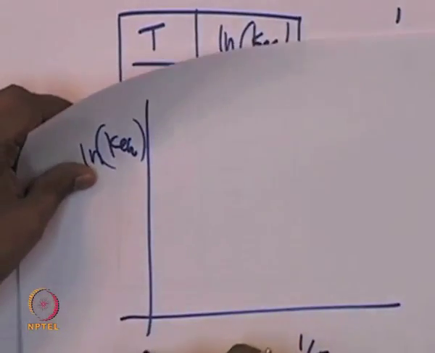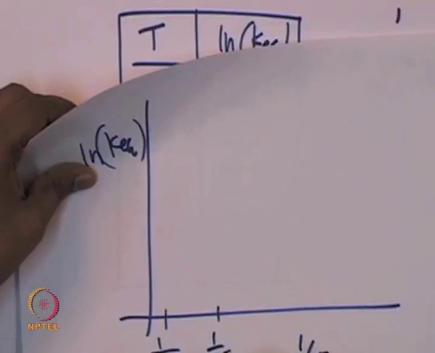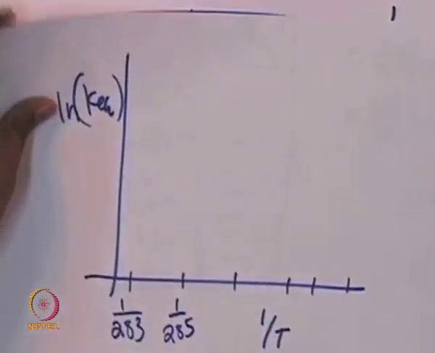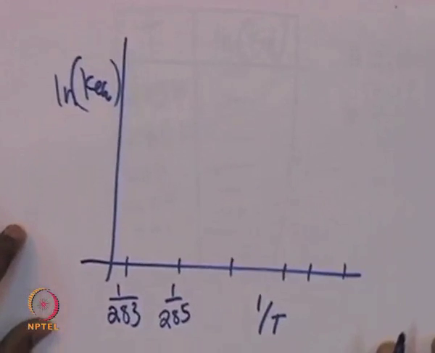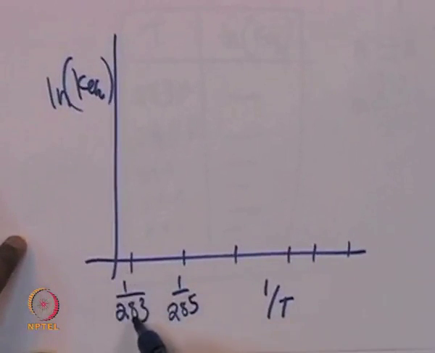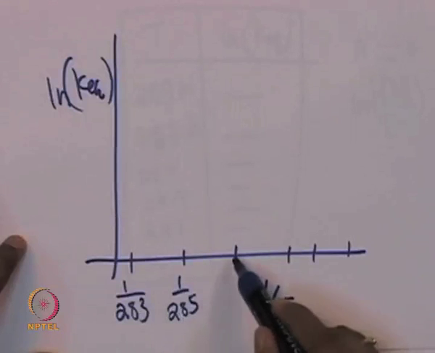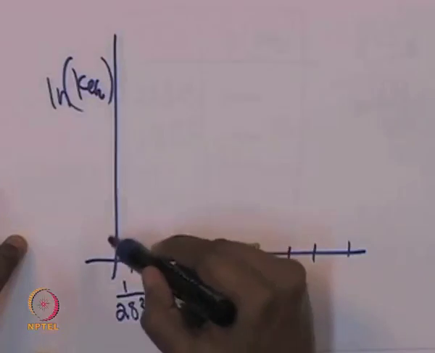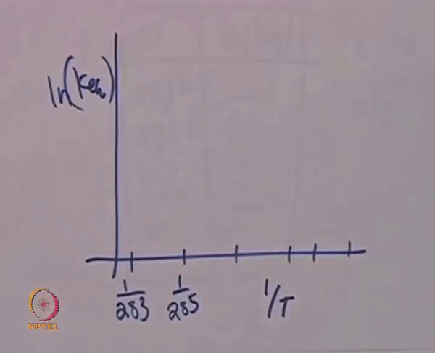So, here you will have 1 over 283, here 1 over 285. All these are numbers, and for each you will have a corresponding k equilibrium value: 1 over 283, 1 over 285, 1 over 287. As you vary 1 over T, ln k equilibrium varies. Let us see how it varies on the next slide.